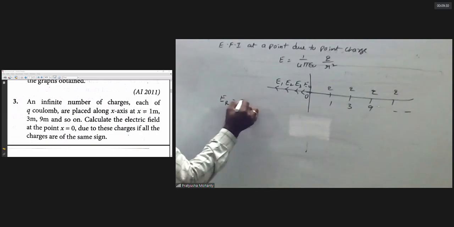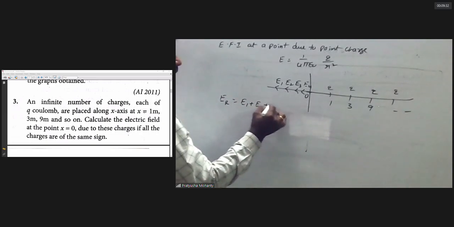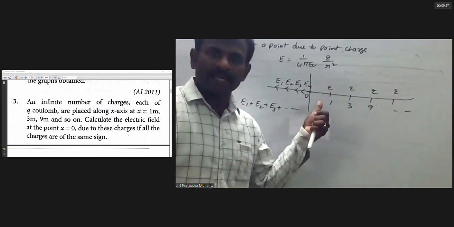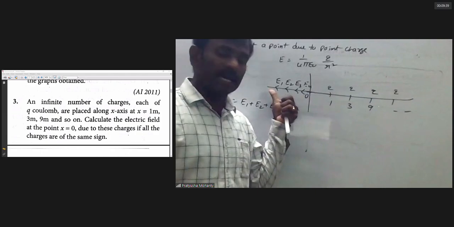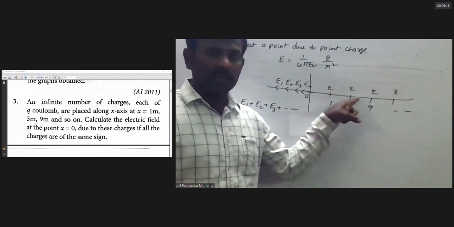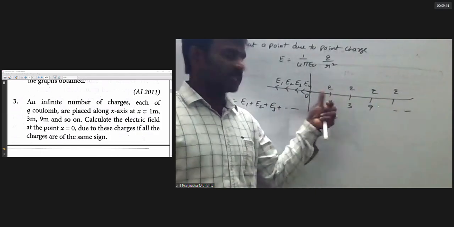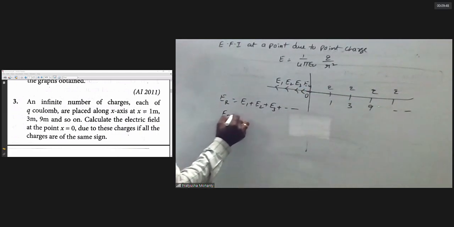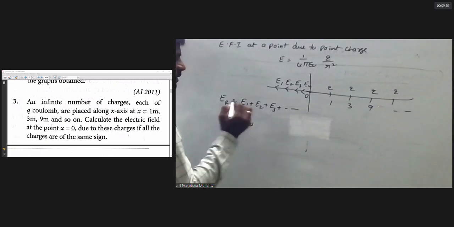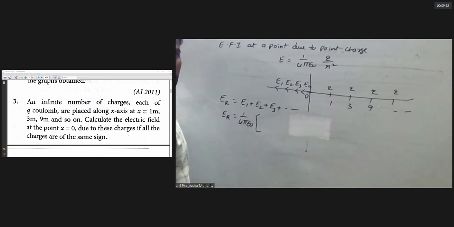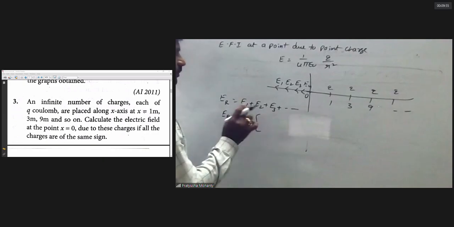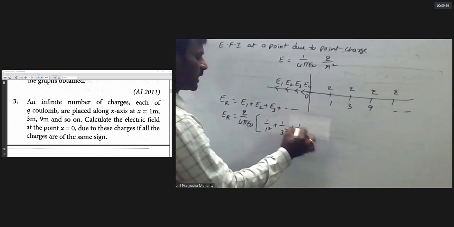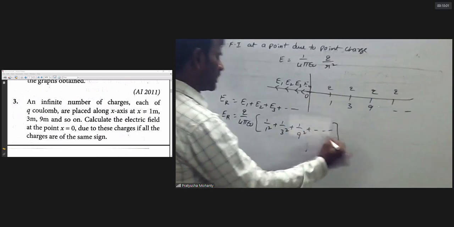E resultant equals E1 plus E2 plus E3 and so on. Why should I take the direction away? Because these are all positive charges, and the field is directed away from a positive charge. So from this, keep 1 by 4 pi epsilon naught Q here only. E1 is 1 by 1 square, 1 by 3 square, 1 by 9 square and so on.